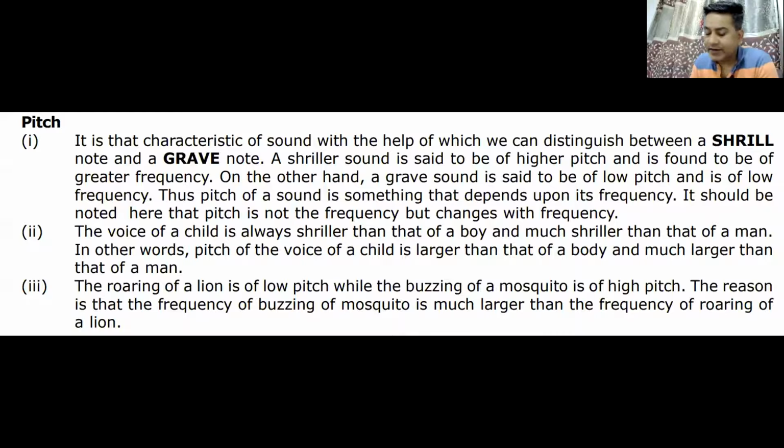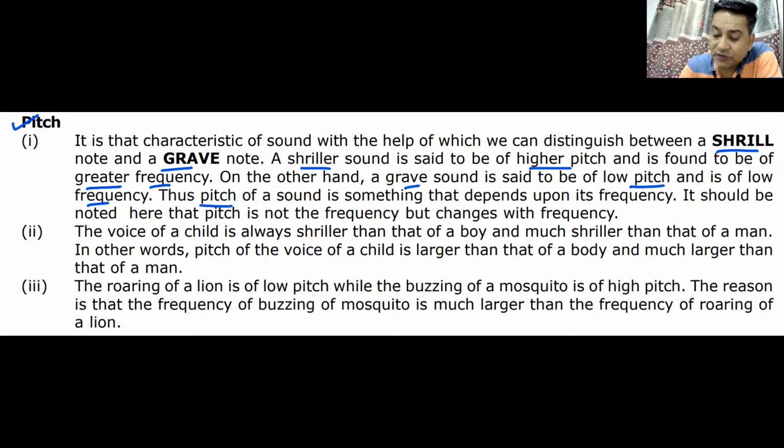Okay, then the next characteristic that we'll have to see is pitch. We somehow confuse pitch, but remember, with the use of pitch we can distinguish between a shrill and a grave note. A shriller note is a note of higher pitch and it has a higher frequency. A grave sound is of low pitch and low frequency.